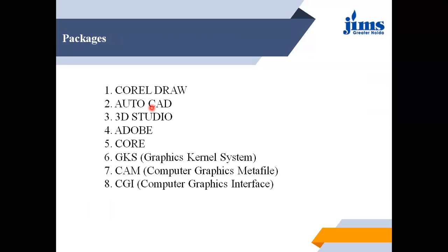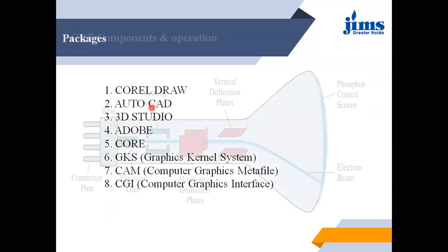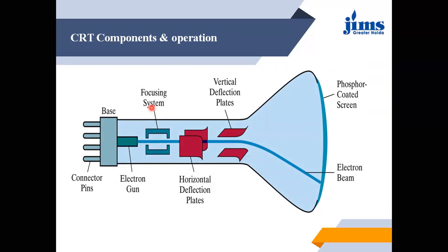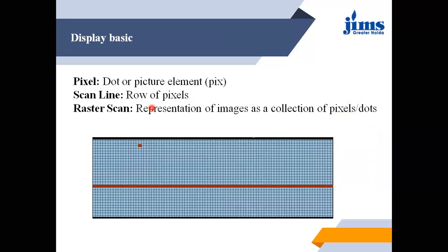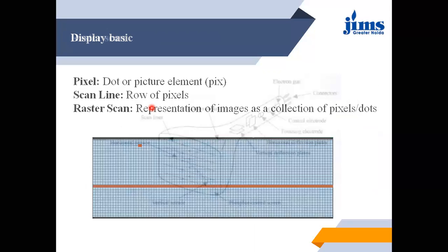We discussed the different application packages in which we can perform computer graphics applications. Then we discussed the control of the electron beam using the CRT, cathode ray tube. Then we discussed the basic terms that are used, that is persistence, resolution and aspect ratio. Later we discussed pixels and the scan line.